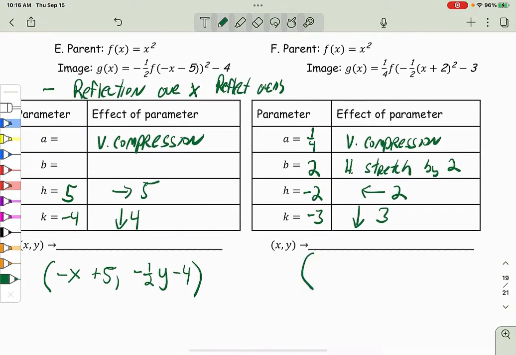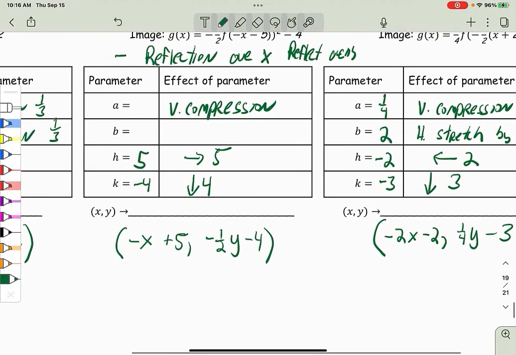My x value is negative 2x minus 2. My y value is 1/4 y minus 3. And that's our transformation formulas.